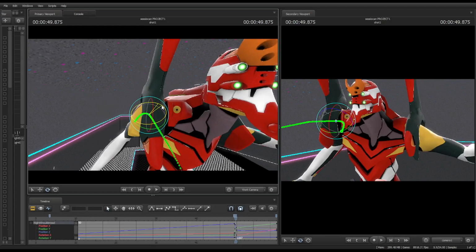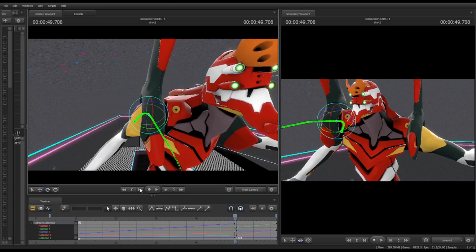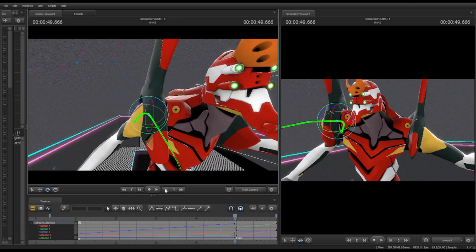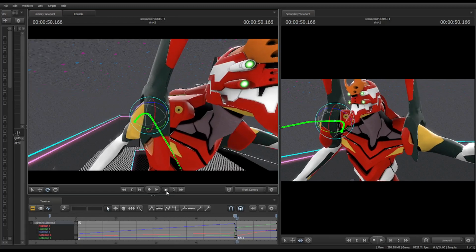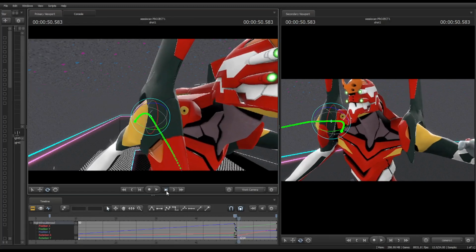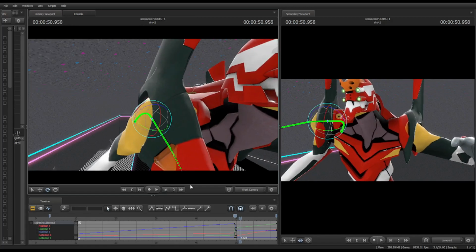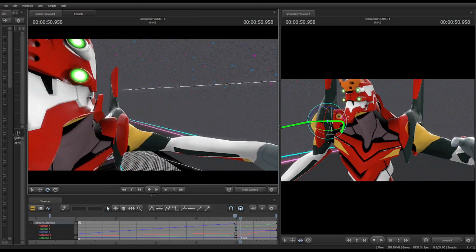Here we just pull it back in, and let's go back a handful of frames, maybe to about right there. And now this one is rotating awkwardly.